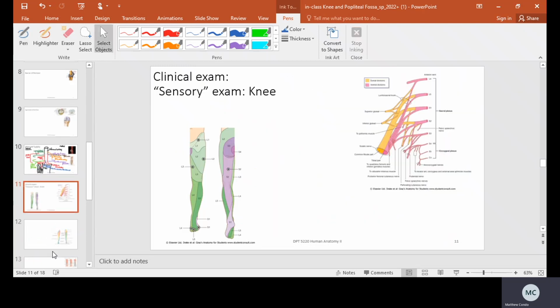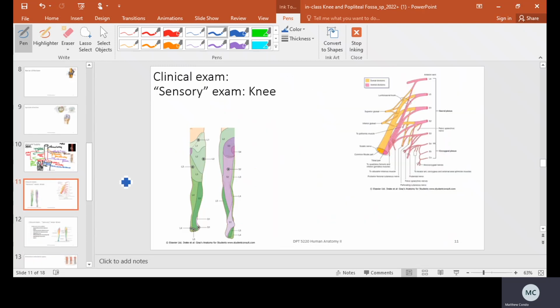All right, so next point, and this is going to mimic tests and measures from last semester. I want you guys to review that material because a sensory exam of the lower extremity can tell you a lot of stuff. In fact, I would argue a lot of the patients that you're going to see, I've been able to root out and diagnose a lot of low back issues through the sensory exam, through dermatomes, through myotomes.